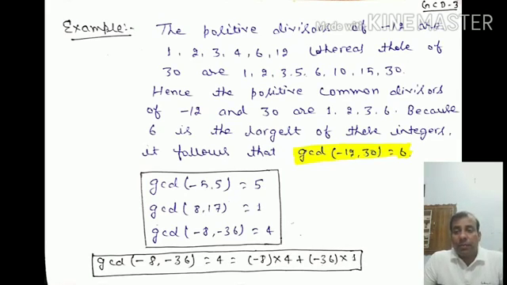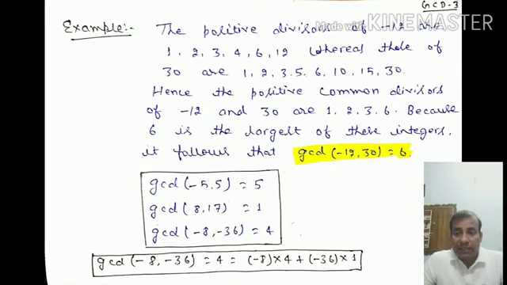In the same way we will find GCD of -5 and 5, the result will be 5. GCD of 8 and 17 will be 1, because the common divisor of 8 and 17 will be only 1, because 8 is an even number and 17 is a prime number.